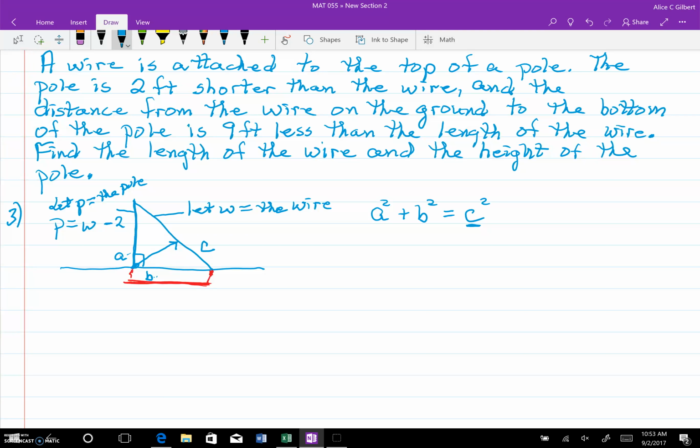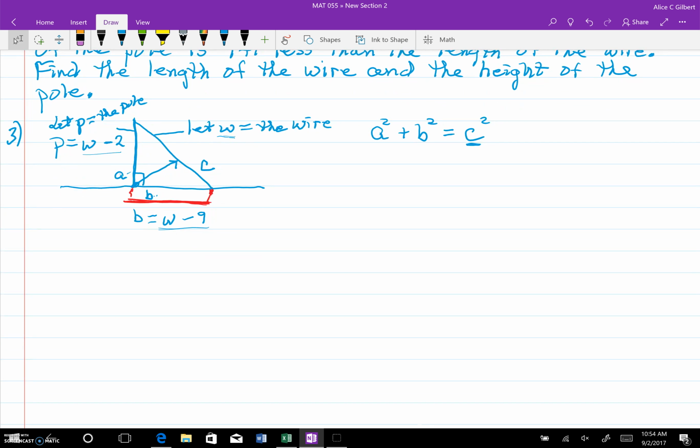Well, this is, we're calling it B, side B is 9 feet less. So that's minus 9, but less than what? Than the length of the wire. Well, here's our wire. Find the length of the wire and the height of the pole. Well, we've got our variables assigned. We've got what P is, we've got what B is, and we've got what W is.